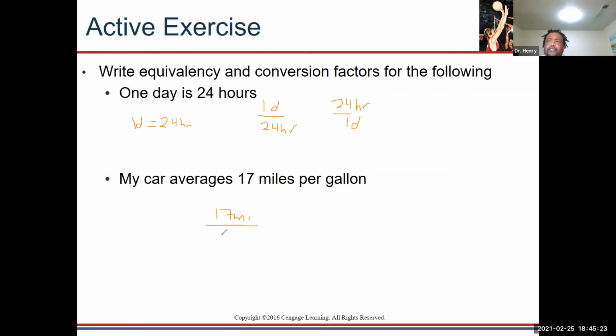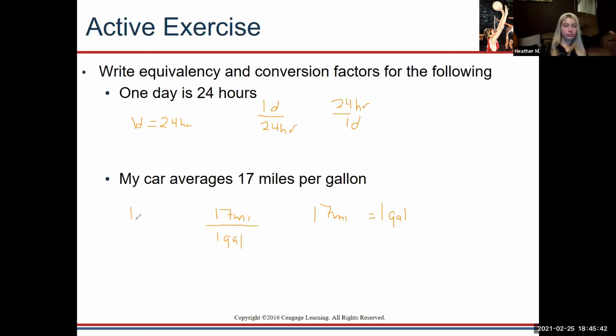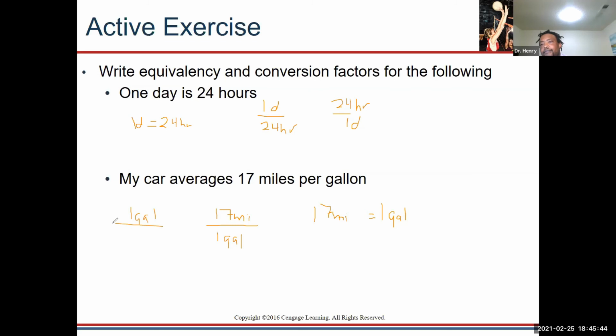But it's per gallon, they're letting us know that it's per gallon, so there's no squiggly line. You would say 17 miles per 1 gallon, or 17 miles over 1 gallon, or 1 gallon over 17 miles.